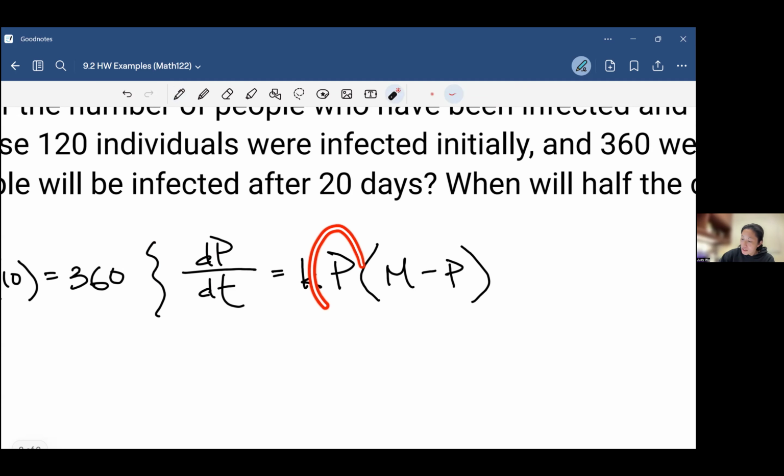Okay. So this is like the number of people who have been infected, and then this is the number of people who have not been infected yet. So let's actually put in a number for the M though, because there are 18,000 people in the whole population. Okay.